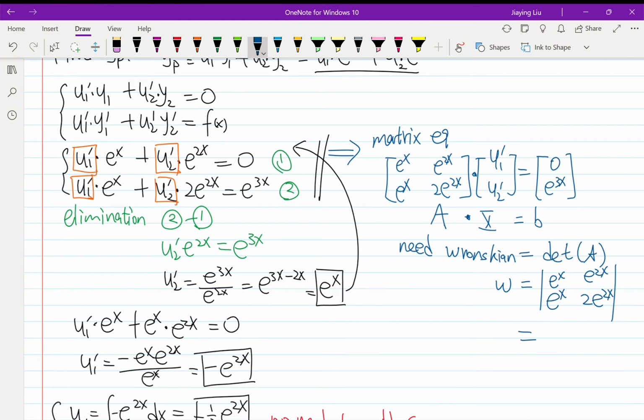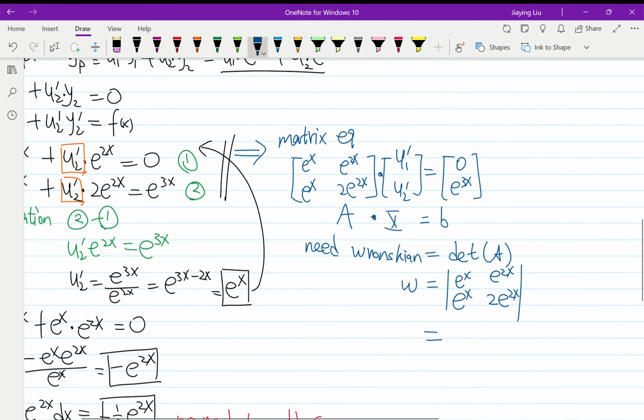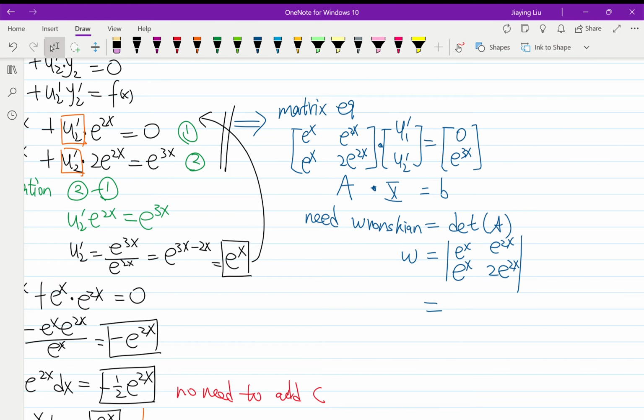And then to calculate that determinant, we're going to use AD minus BC. So this is the element A, that's element B, that's C, that's D. So it's going to be AD minus BC. So this backward diagonal minus the forward diagonal.